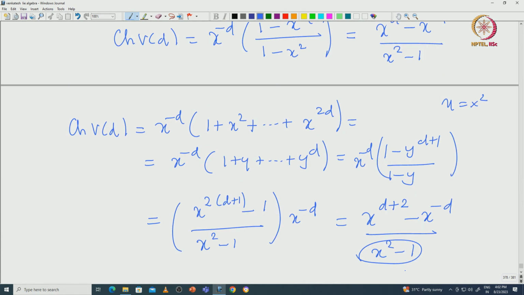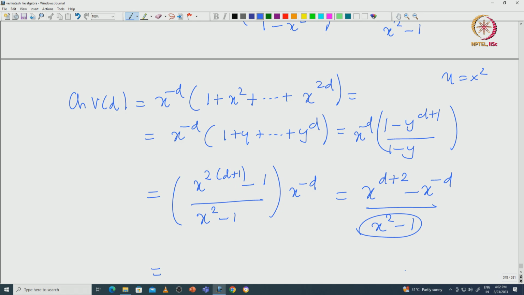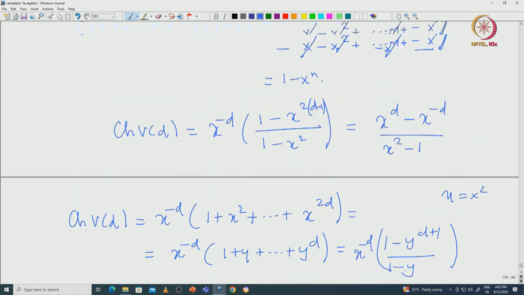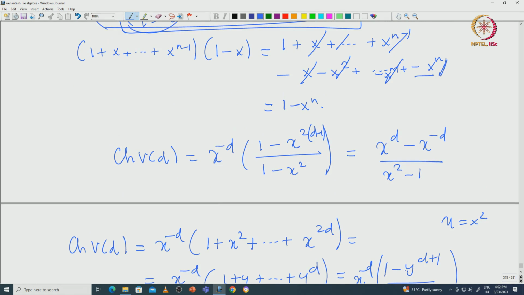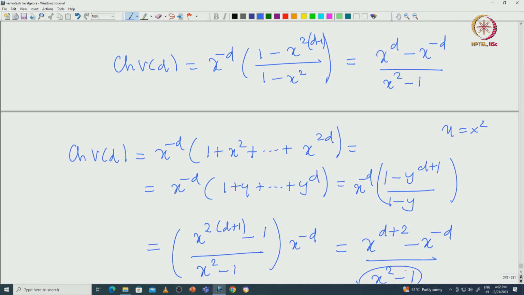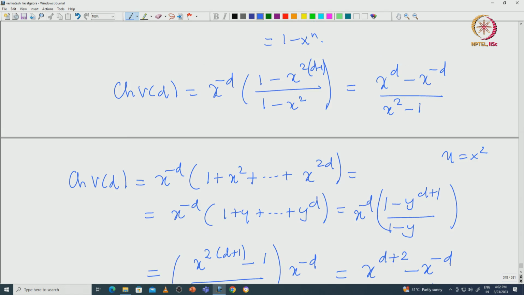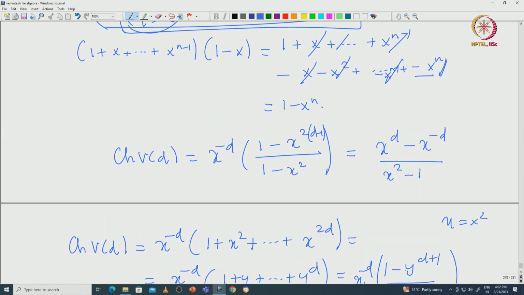So basically you take out x power minus d. Here we must have made some mistake. Up to d we are adding, so here we are getting x square d minus 1.